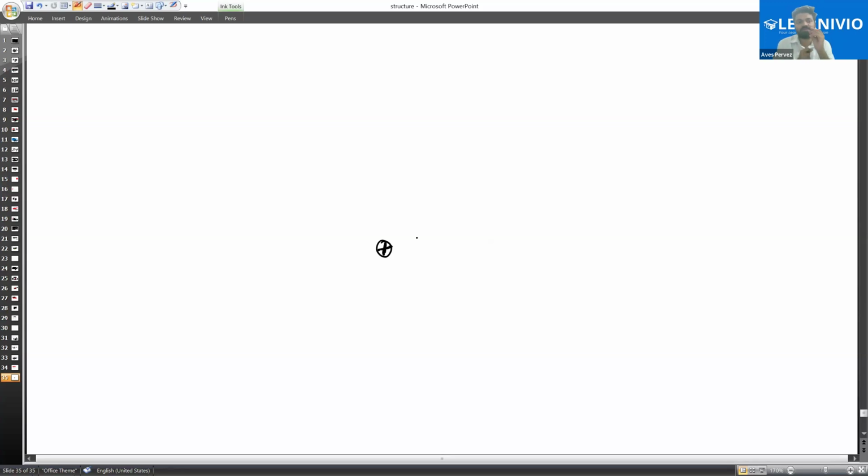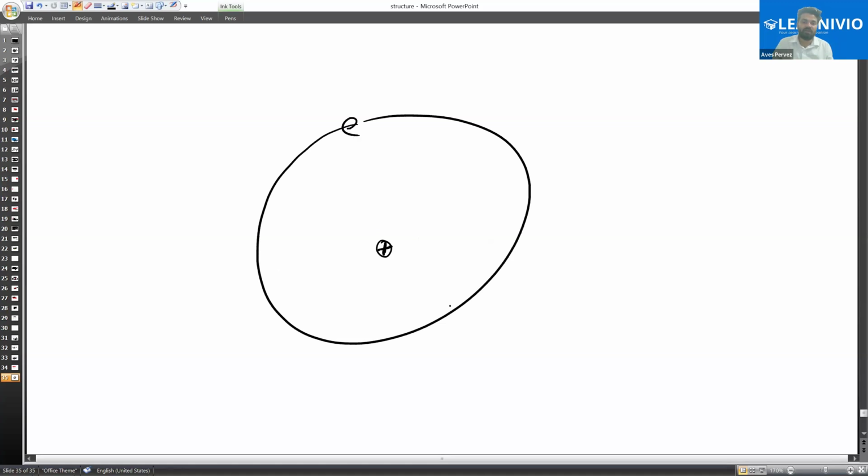It means the positively charged particle from which the alpha particle cannot penetrate is very small in comparison to the whole size of the atom. So we can say here that this nucleus is positively charged and it is very hard and dense. The whole mass of the atom is concentrated in the nucleus, and the electrons revolve around it, like the planets revolve around the sun.